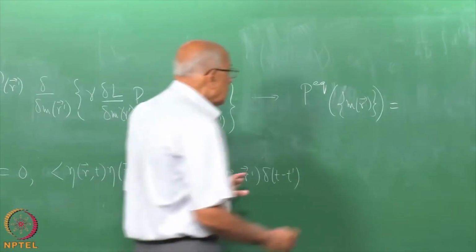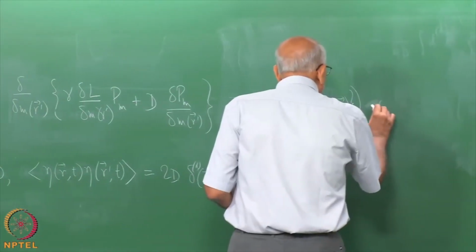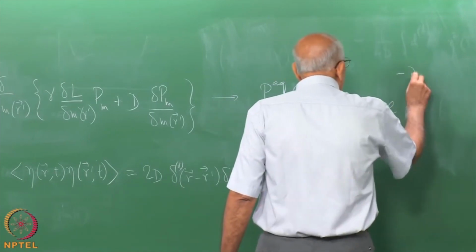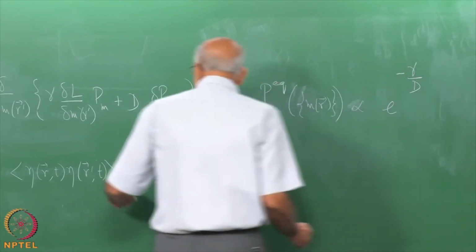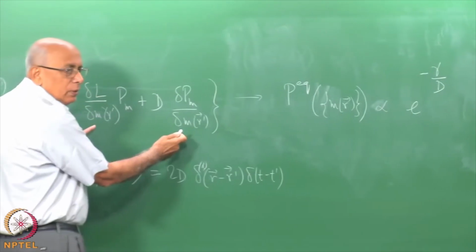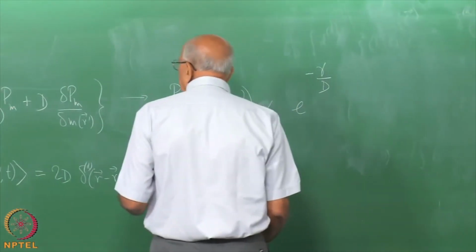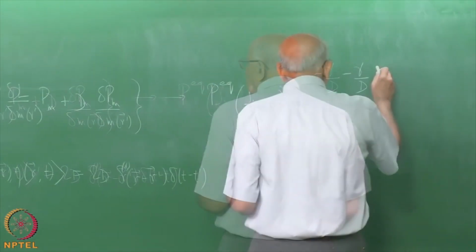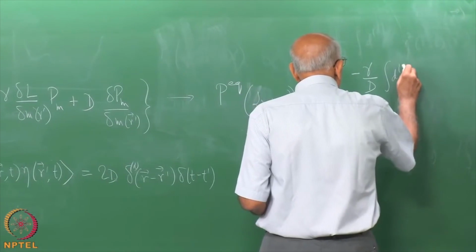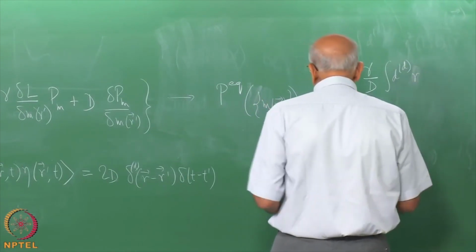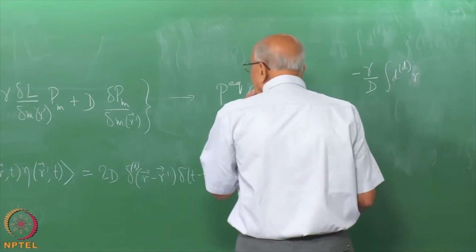This fellow is obviously, apart from normalization constant, e to the minus gamma over d, because essentially it is equating this to 0, right. So it is e to the minus gamma over d times integral d r prime of, let us say, the function of r here.